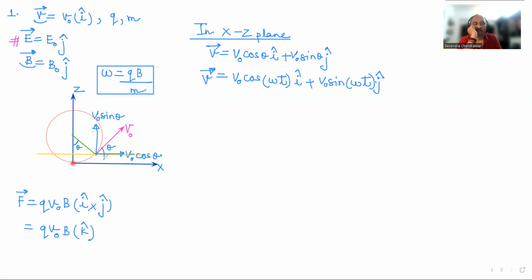Omega. Yes, sir. What is the time period? अगर याद नहीं है तो याद करो भाई. अभी तो पढ़ाया. Time period is 2 pi m upon qB. Remember? Omega is 2 pi by time period, and that is what? qB by m. Clear hai? All of you?